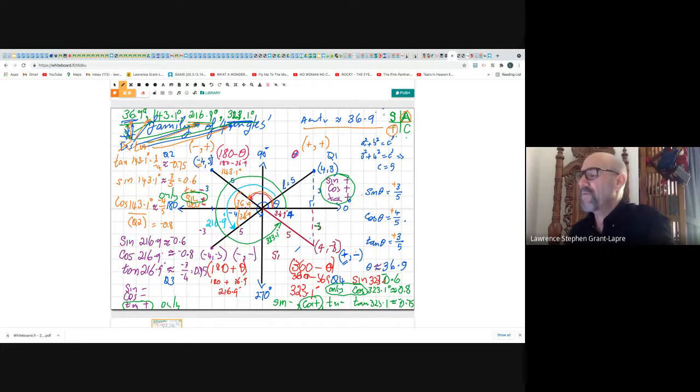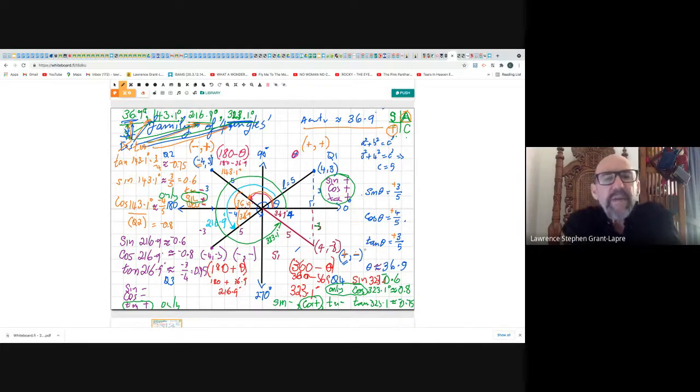Tan will be negative for all second quadrant angles, and negative for all fourth quadrant angles, because you've always got an opposite and adjacent side, with a positive and a negative in quadrant 2 and quadrant 4.